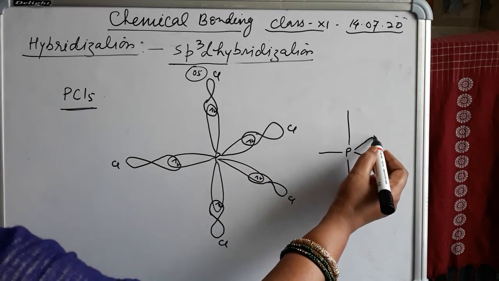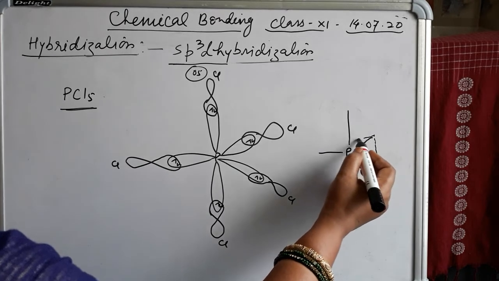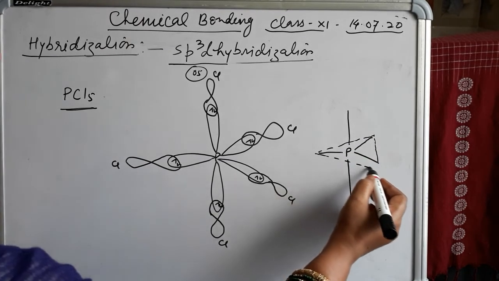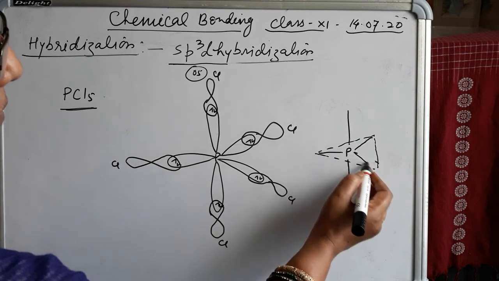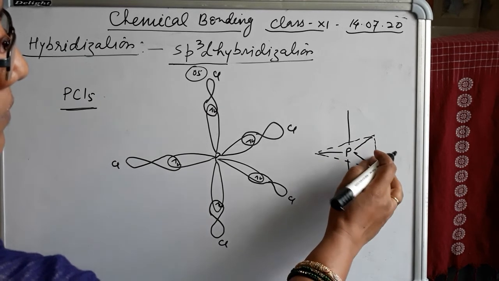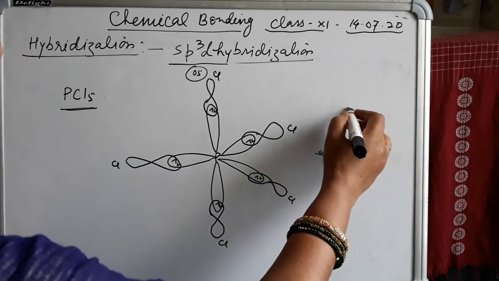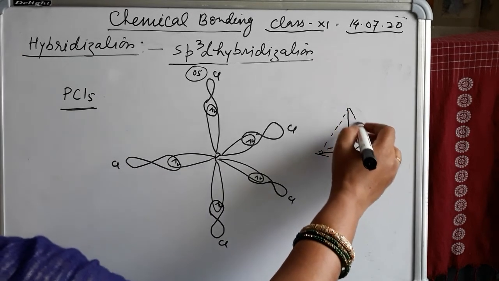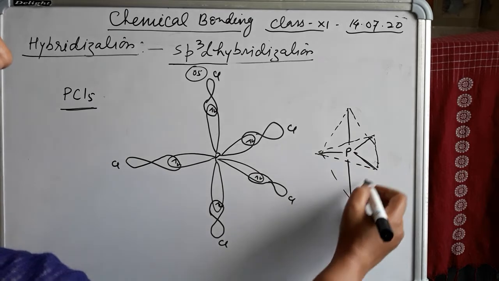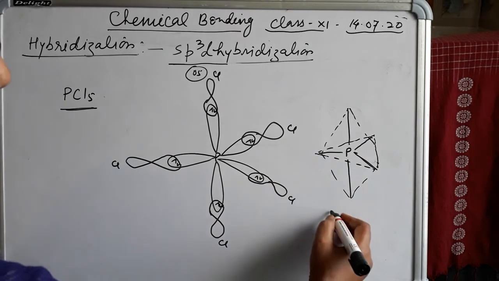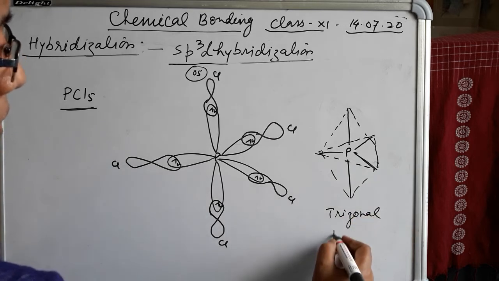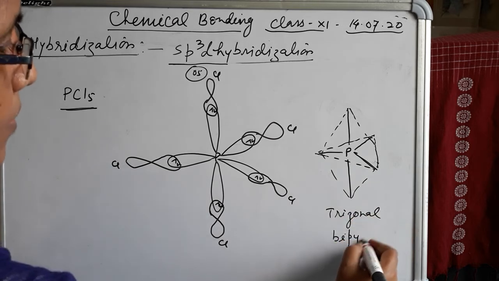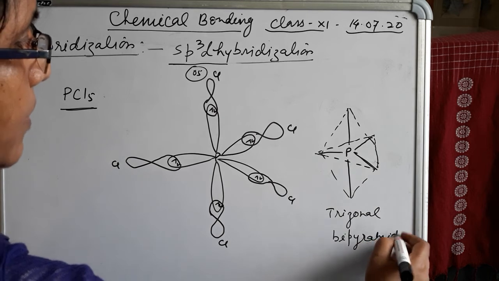So the shape will be trigonal bipyramidal. One pyramid formed by this, another pyramid formed by this. The structure becomes trigonal bipyramidal.